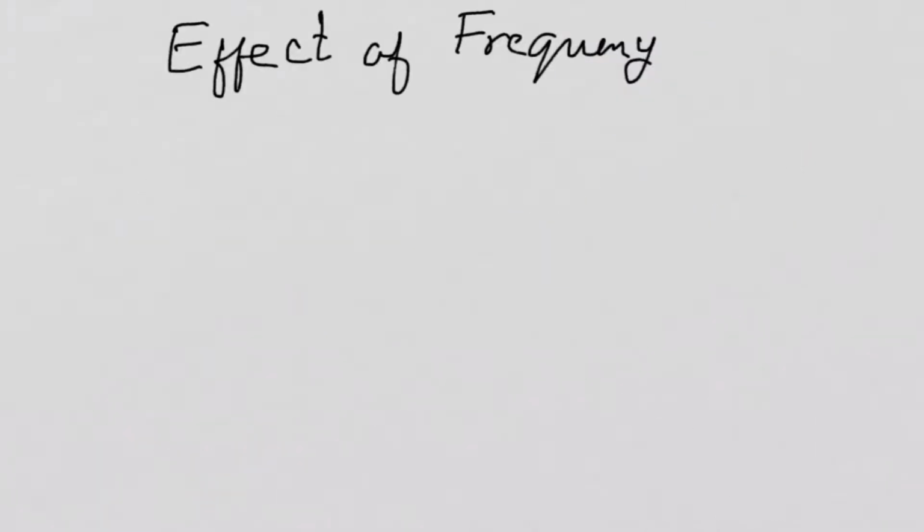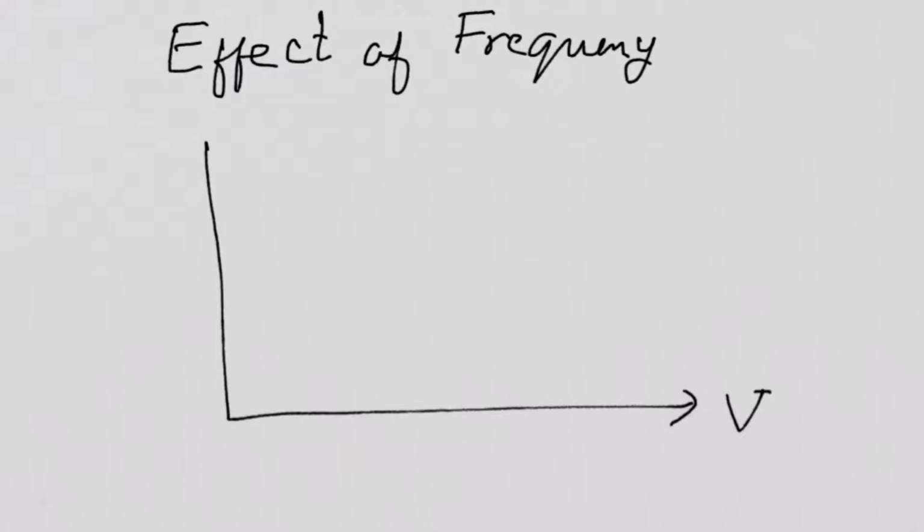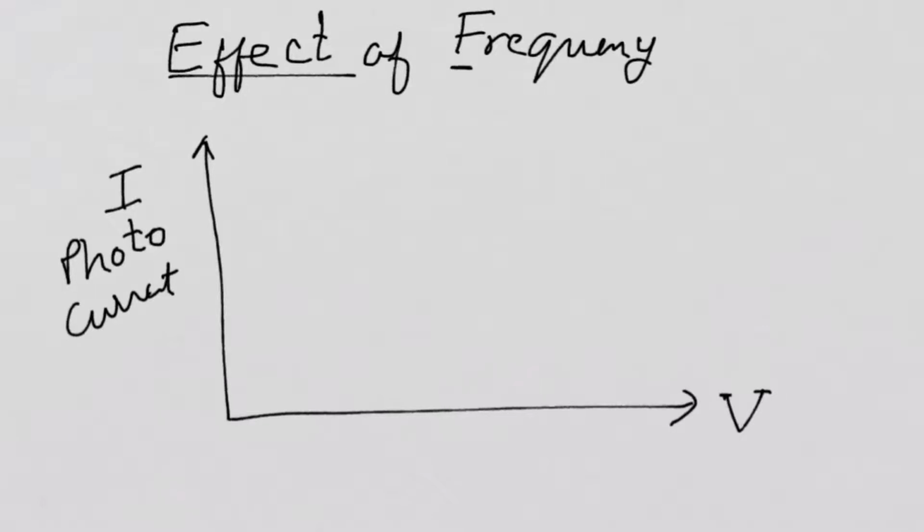Now see the effect of frequency on photoelectric current. Again we will plot a graph between the potential V and the photocurrent. As you know, the current because of the photoelectrons is called photocurrent. Students, when you change the frequency, it means you are changing the energy of the photon.